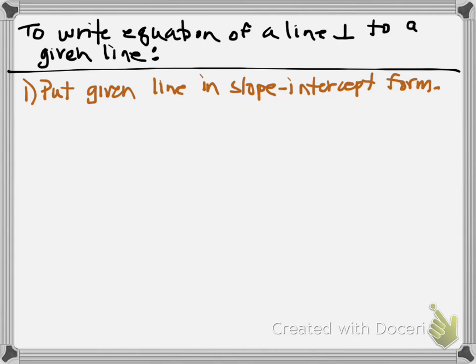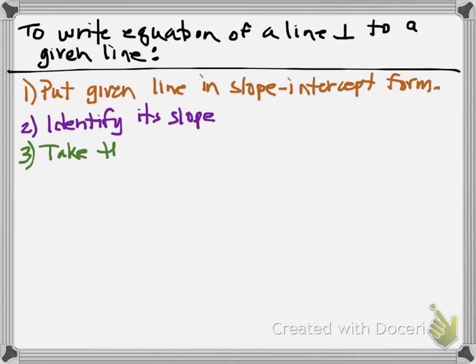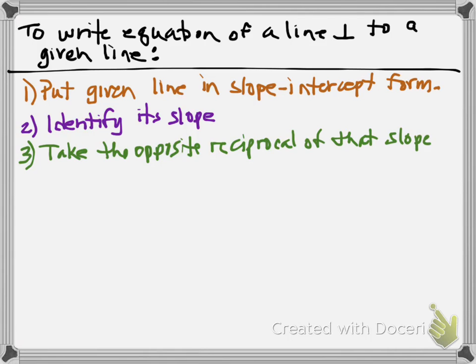And the whole reason why we put it into slope-intercept form is to identify its slope. Once we've identified its slope, we're going to take the opposite reciprocal of that slope, and that's going to be the slope for your line.